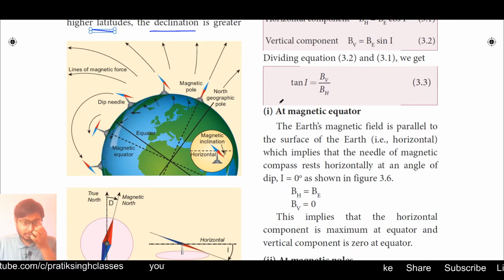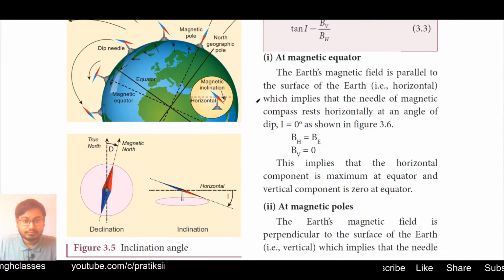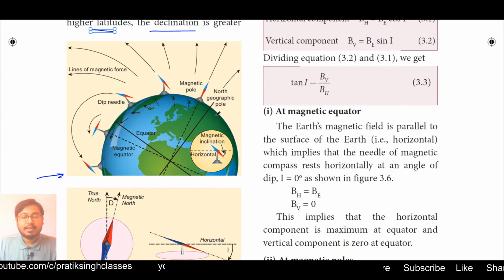At higher latitudes the declination is greater. As we go above from the equator, the angle increases, as you can see in this figure. If at the magnetic north pole you hang a bar magnet, it will lie perfectly perpendicular to the surface.